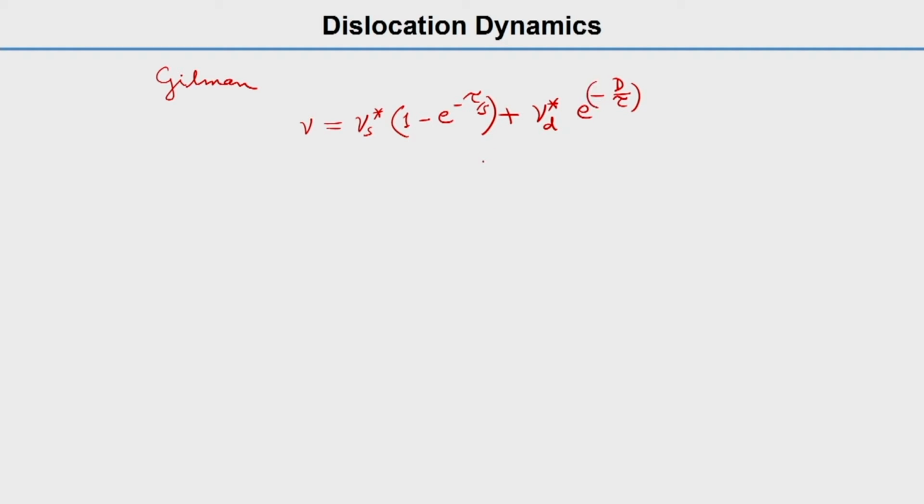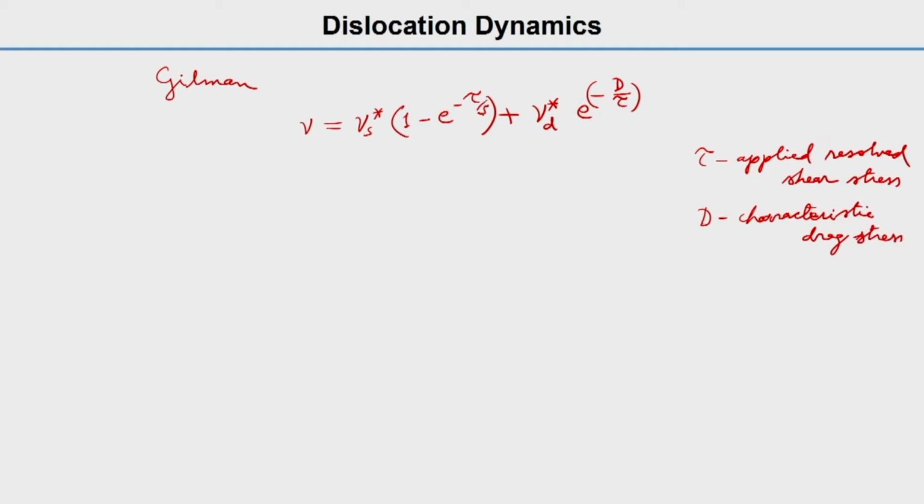So here tau is, as you know, the applied resolved shear stress, and d is the characteristic drag stress, and similarly s is also a constant.